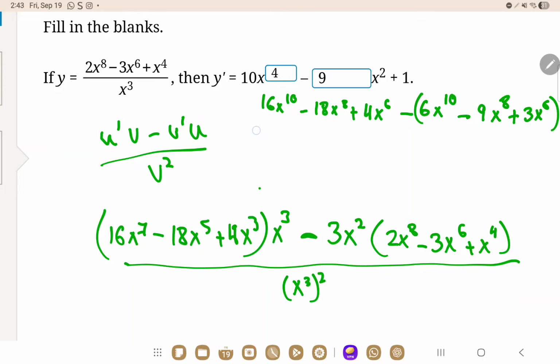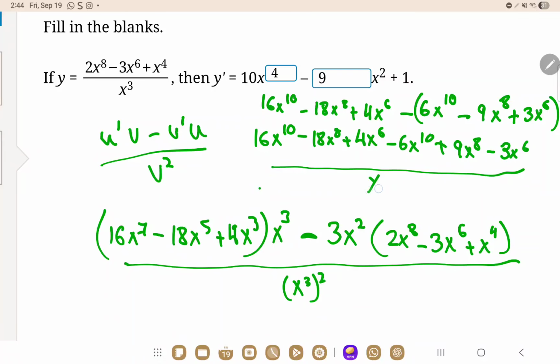Now we distribute the minus sign, so 16x^10 minus 18x^8 plus 4x^6 minus 6x^10 plus 9x^8 minus 3x^6, all over x^6.